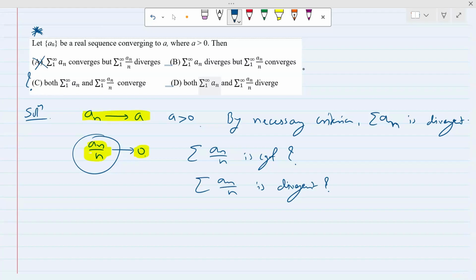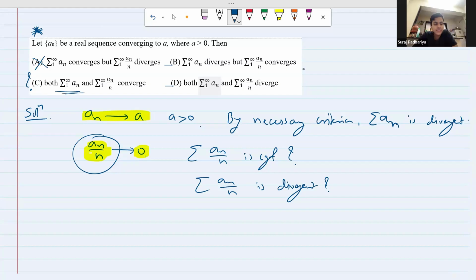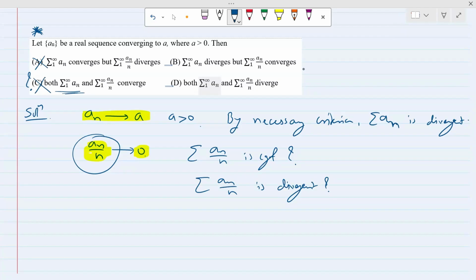That's not true, we have already seen. Option C also says summation an converges, so it is also ruled out. So we have either B or D. One of them is true.